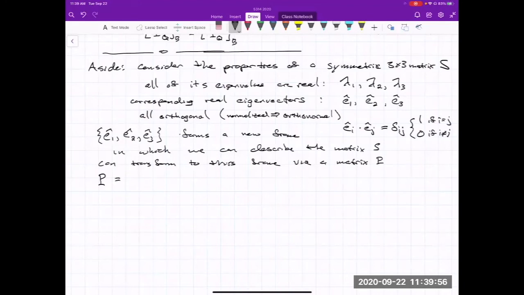What is P? P is going to be a 3x3 matrix where we write these vectors, E1, E2, and E3, as row vectors.